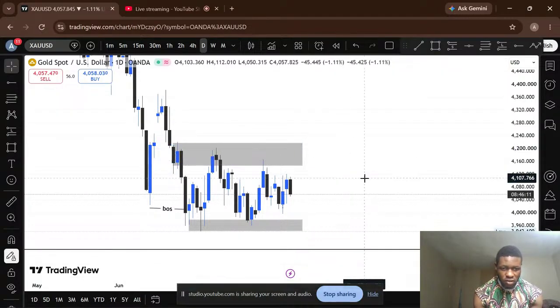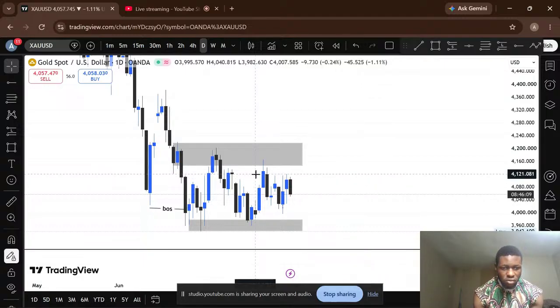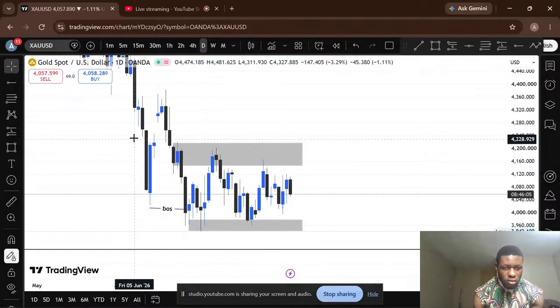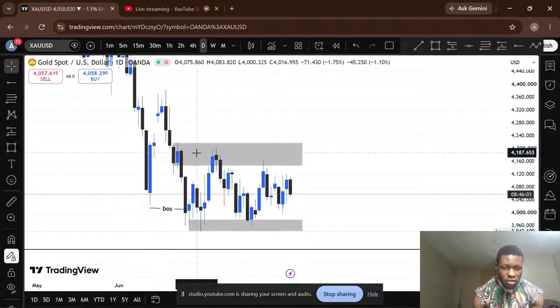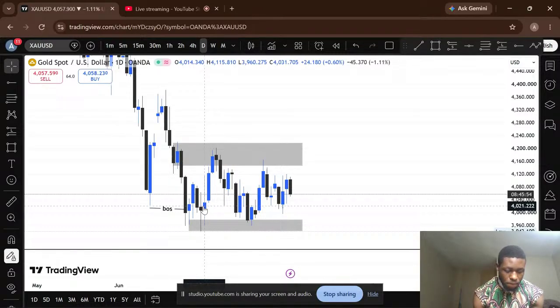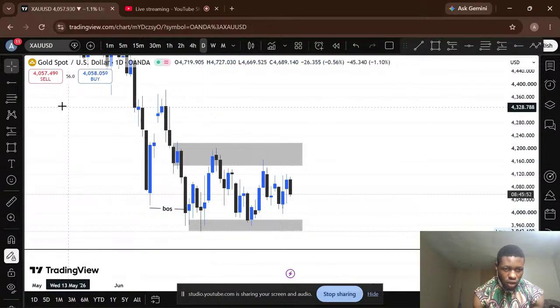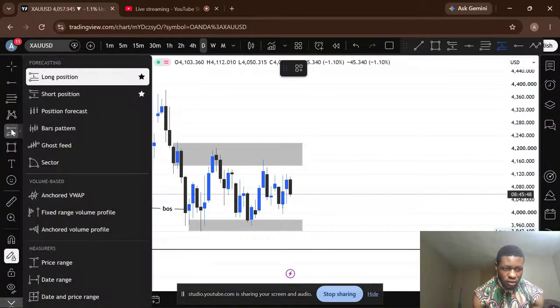This is a resistance level, which is a supply zone where price can come and start going back to the point of reversal. And you see that price came there and did exactly that.